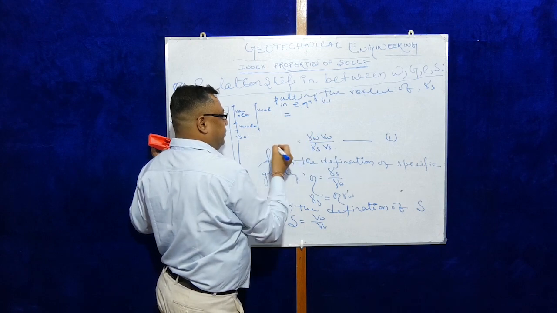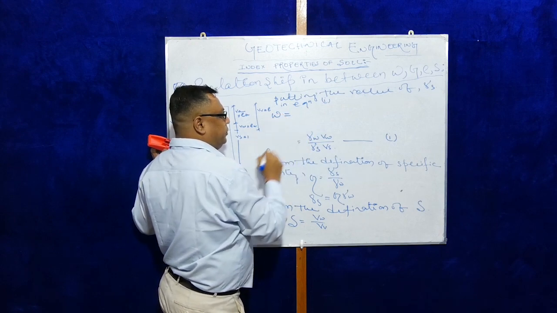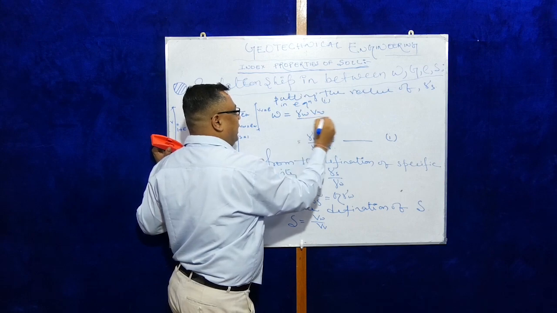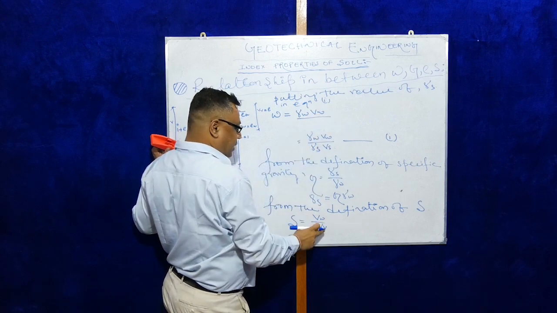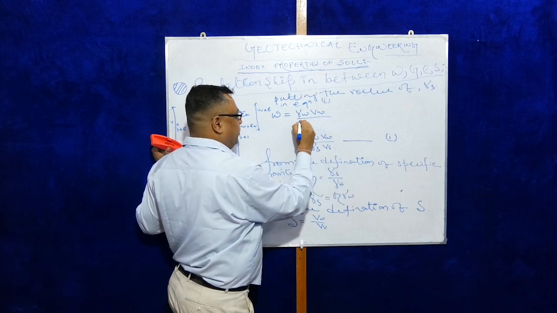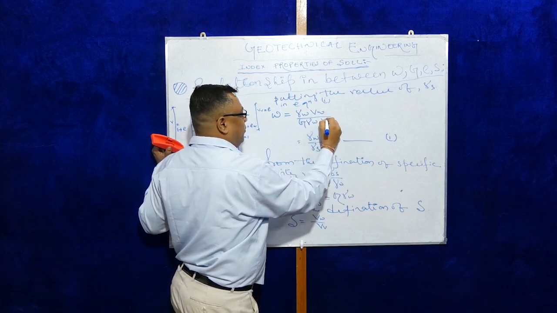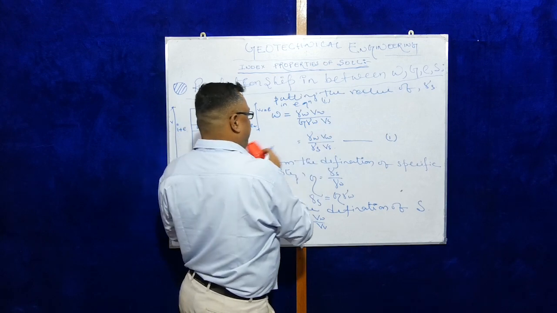Therefore, omega is equal to gamma W into Vw divided by gamma S, which is G into gamma W, into Vs.